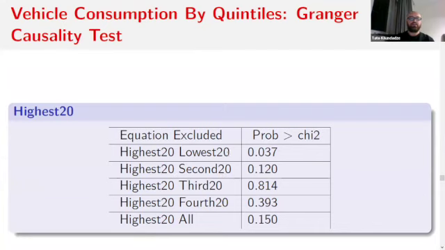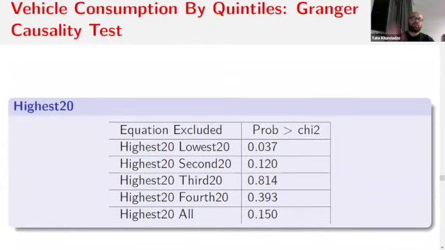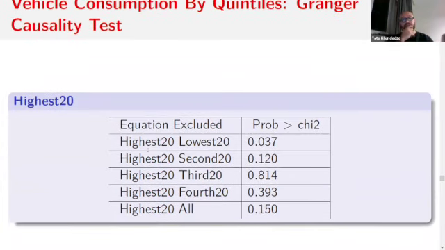But we see that the lowest income quantile Granger causes the highest income quantile. So it may be related to the criticism and the direction of causality which I mentioned before, the idea that in some situations the highest income groups are emulating the lowest income groups, like the very rich emulating the working class. As a criticism, some people bring up the idea of jeans, a good which was very popular among the poor, then became very popular among the rich, and then became popular in all of society.